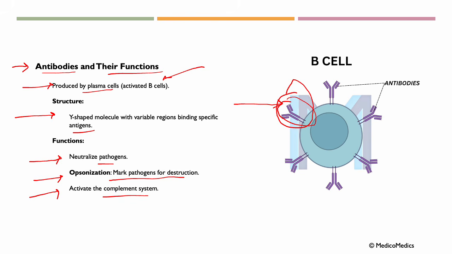Now, first of all, let's clarify, what are antibodies? Antibodies are also called immunoglobulins. So if you have come across IgA or IgG, some med students think that these are different things when talking about antibodies and talking about immunoglobulins.